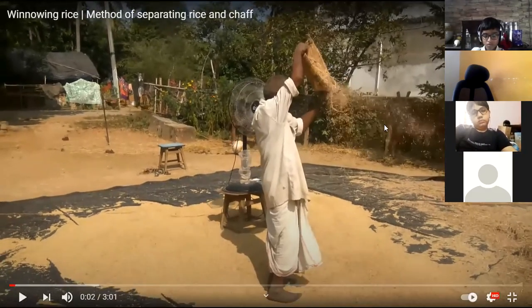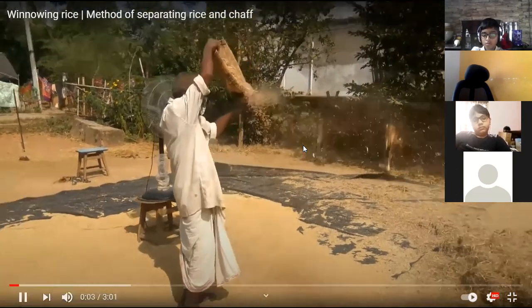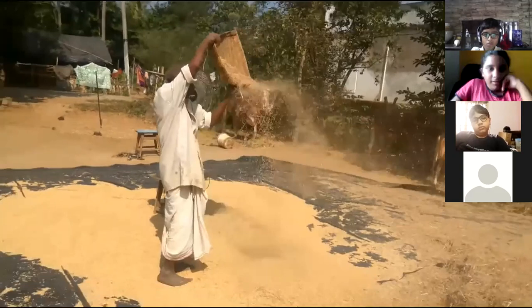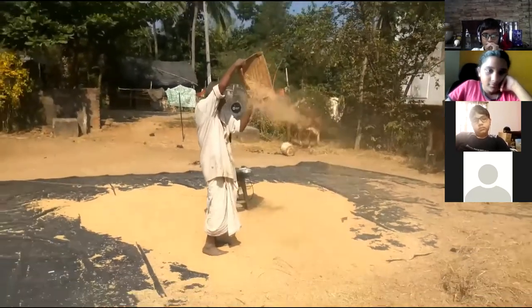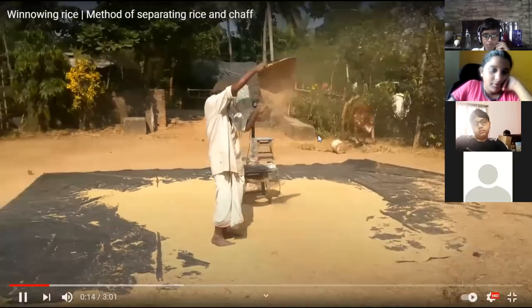Whatever the small chaff particles or husk particles are there, with the help of the blowing wind, these husk particles will go far away from this basket, and the heavier particles will fall at the bottom of the winnowing basket itself. Clear?